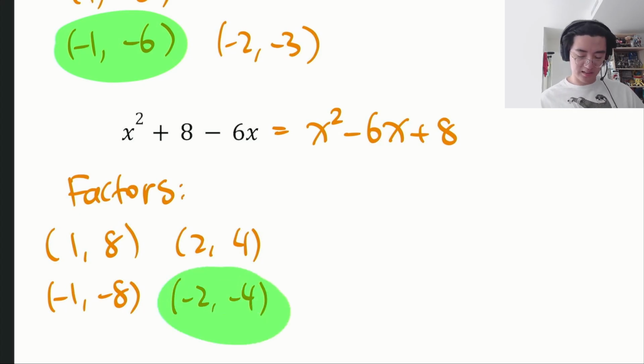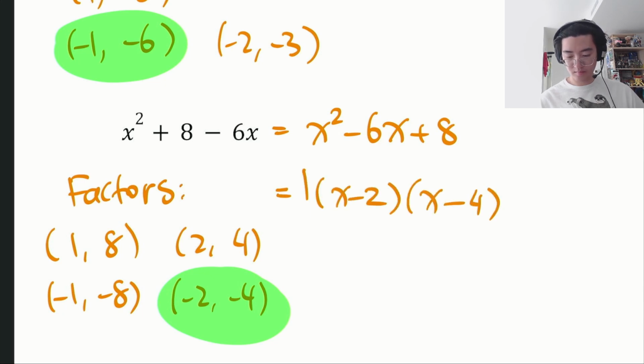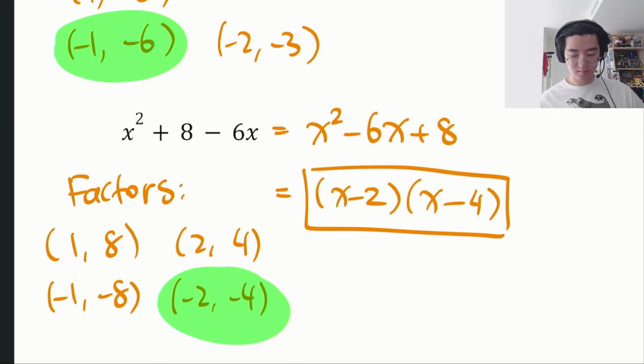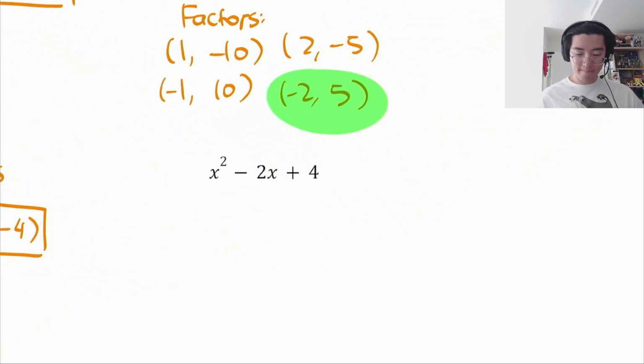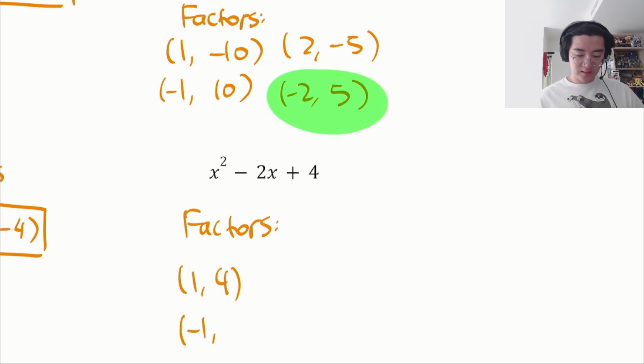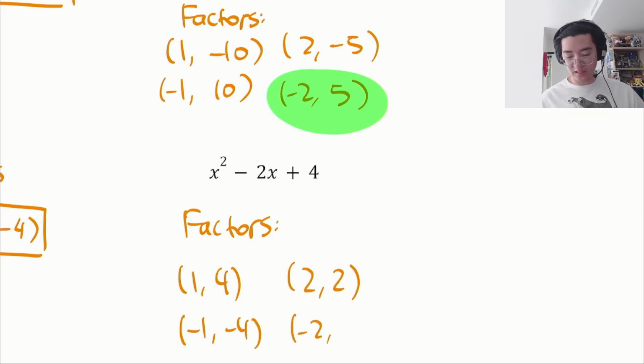All right, we got this guy here. Just like that. And here's our last one. 1 and 4. -1, -4, 2 and 2, -2, -2.